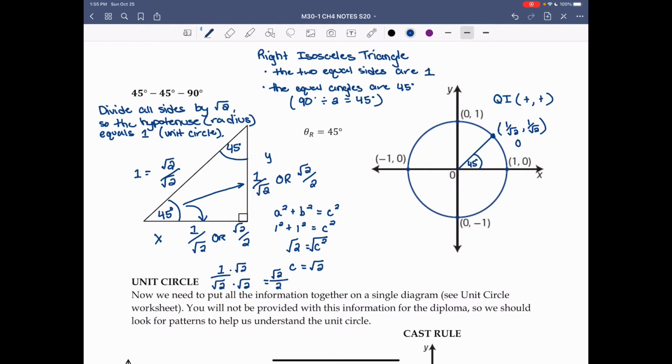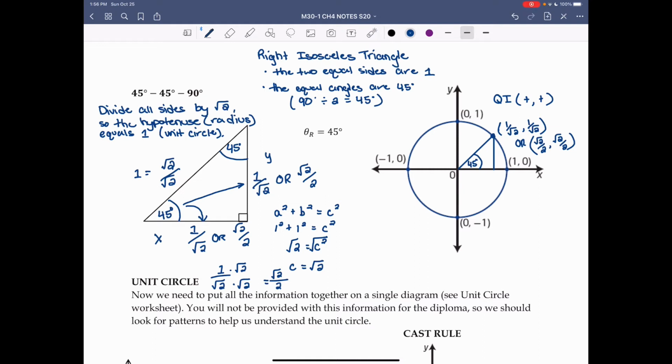Or we can write it as root 2 over 2, root 2 over 2. So our x and y values are the same because our angle is 45 degrees. And we can draw our triangle by taking our point down to the x-axis. And then do the same going all the way around the unit circle.